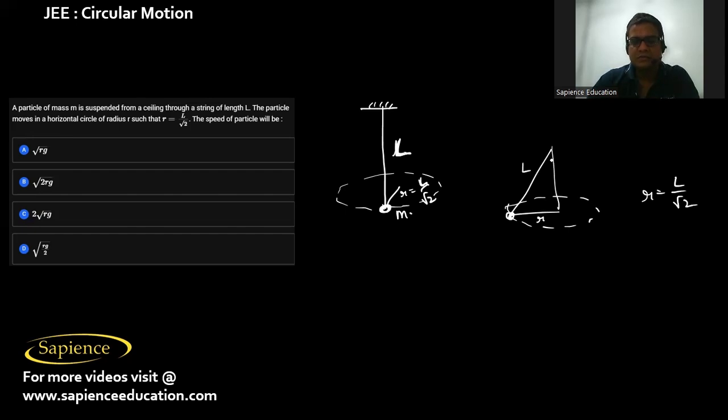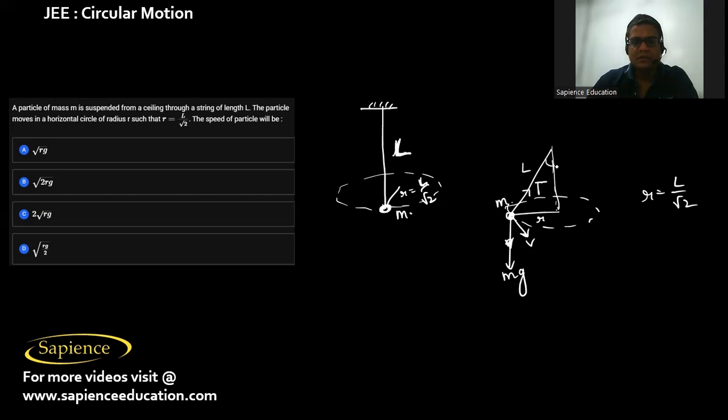Now the speed is suppose v. The mass of the particle is m, so here mg is acting vertically downwards, and this is the tension force.